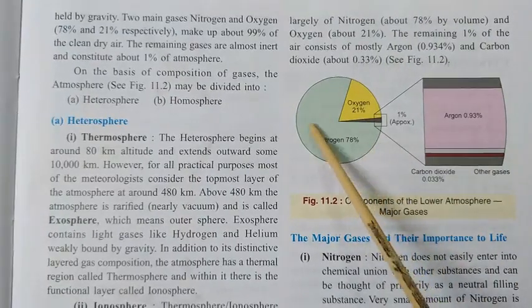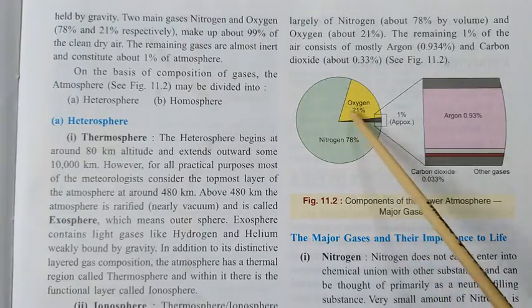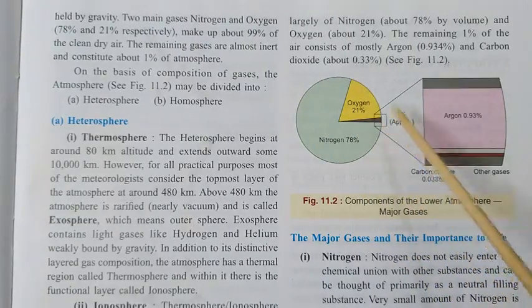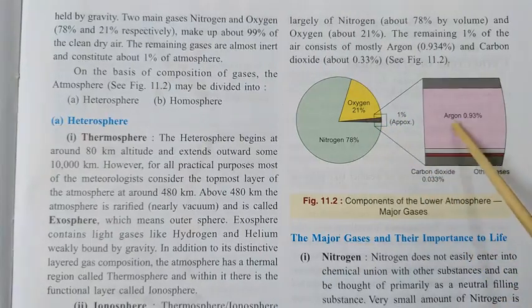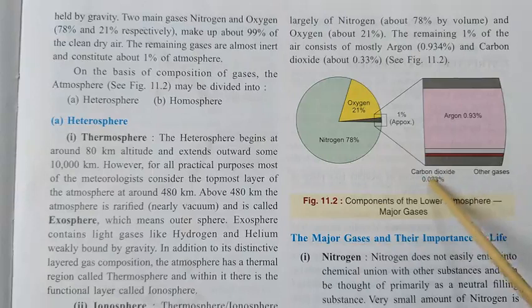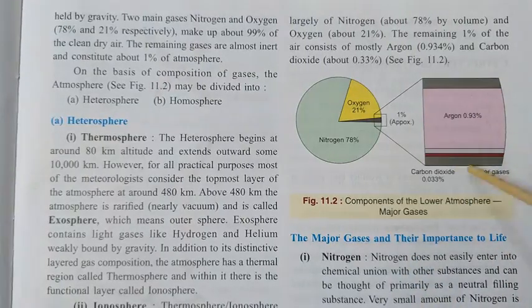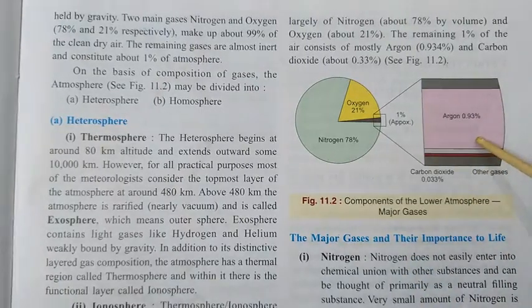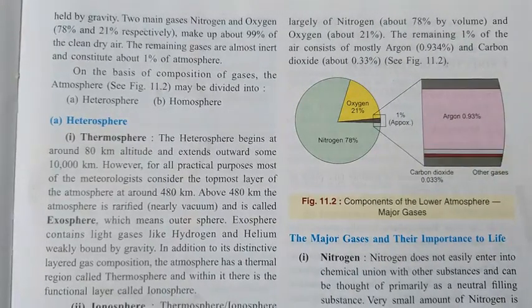This shows how nitrogen forms a larger part of the atmosphere, and oxygen also, and this very small part, 1%, forms what? Argon 0.93, and carbon dioxide is even less than argon, that is 0.033%. So this gives you a very clear picture of the composition of the gases in the atmosphere.